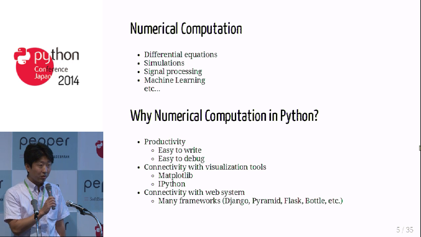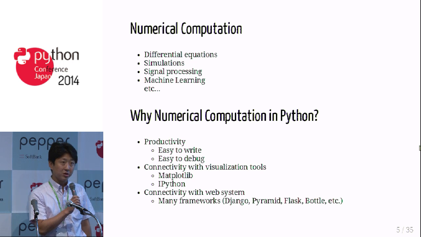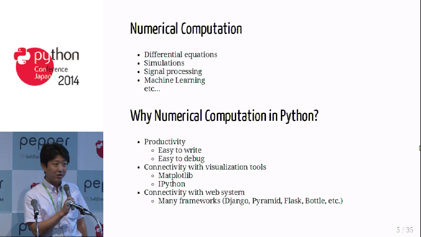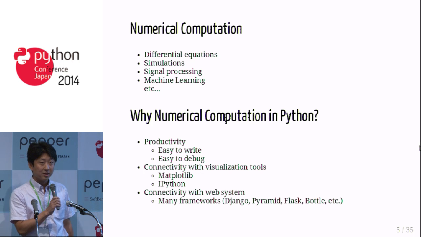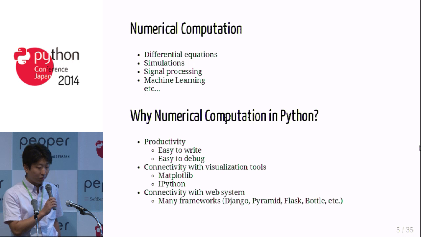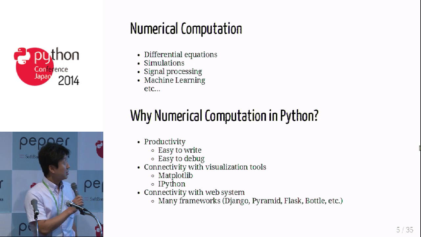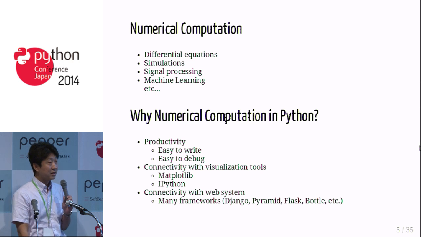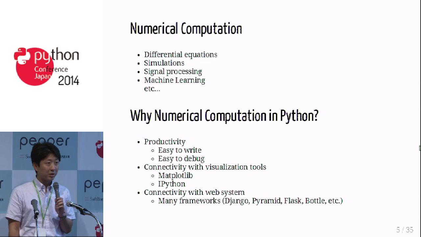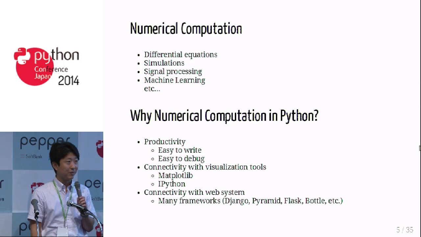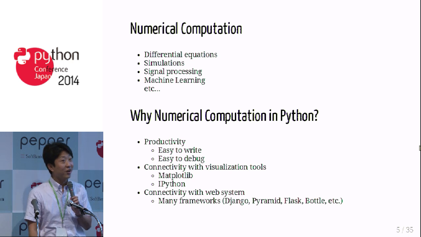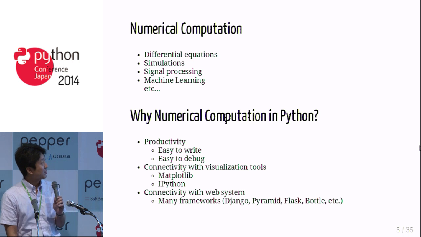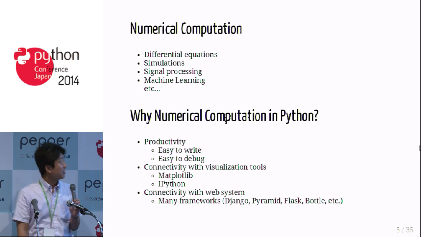And about numerical computation, many people use C or Fortran or other lower level languages. But why do we use Python in numerical computation? One reason is its productivity. It's easy to write and easy to debug. There's no segment fault, and there's no implicit memory destroy, and so on. That's one good big merit.